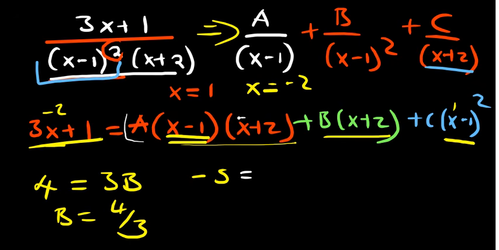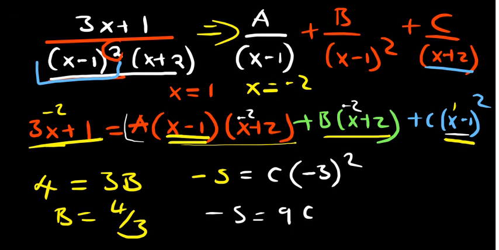So this is basically going to be a 0. This is going to be a 0. So remain with that part. So we have a c. So where there is x, we put a negative 2. It's basically going to be negative 3 squared, which is basically going to be negative 5 is equal to 9c. So basically our c is going to be negative 5 over 9.